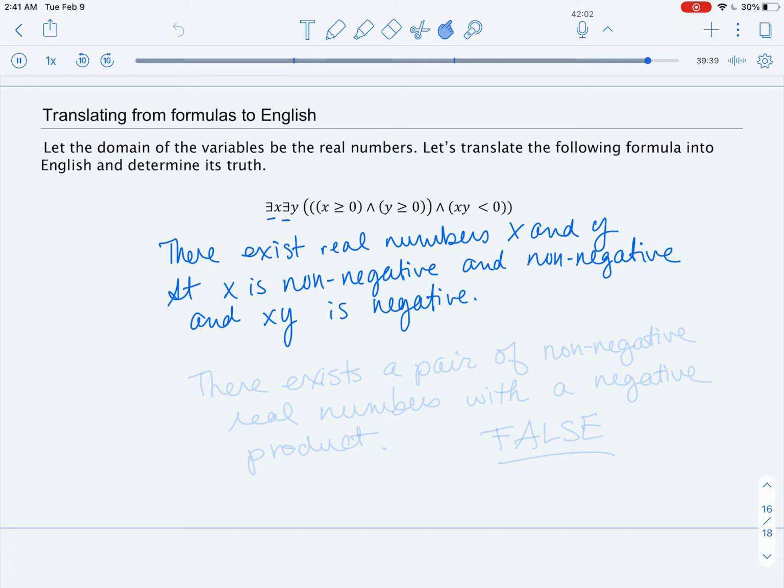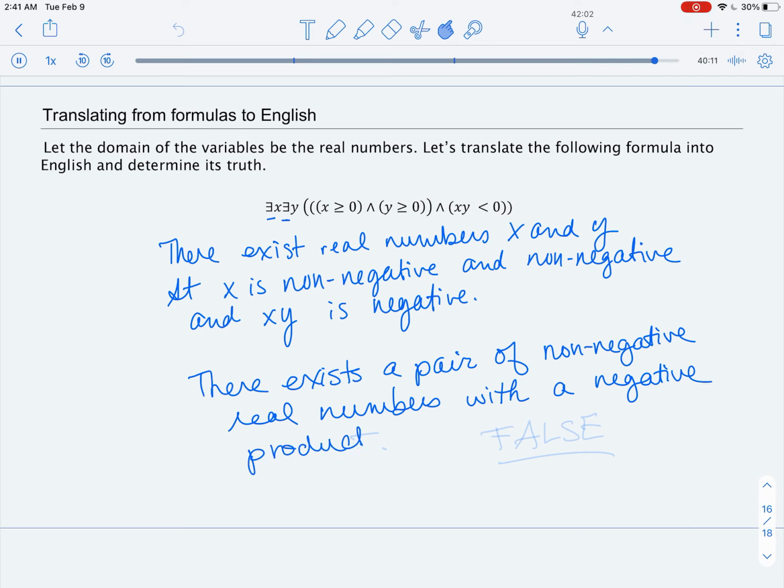A more natural translation may be there exists a pair of non-negative real numbers with a negative product. And that's false.